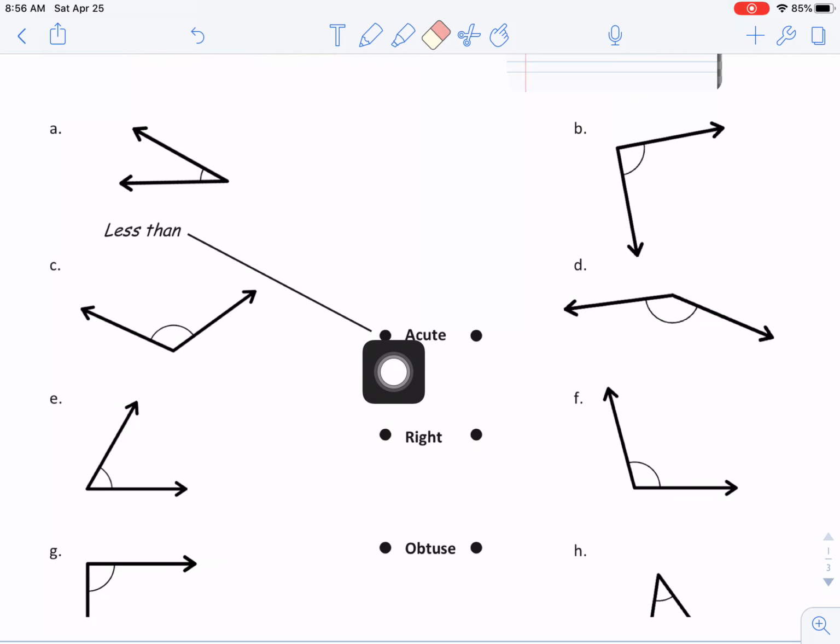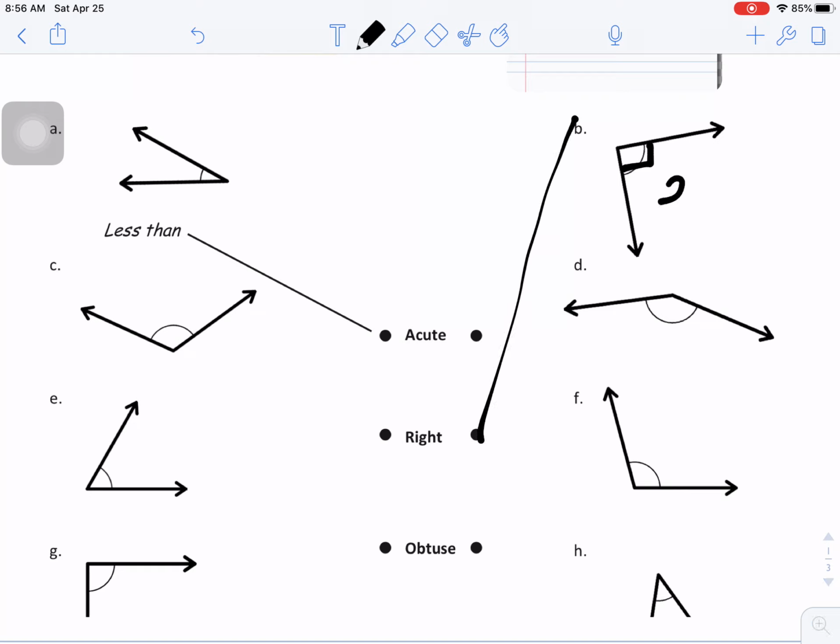So you could see this first one here is done for you. They have drawn a line from acute, and since an acute angle is less than a right angle, they wrote less than. You will do the same thing. Like on B, it is here, and if I make my box, it makes a perfect square or rectangle, and so I'm going to draw a right angle, and it is equal. I'm going to look at the next one, and if I make my perfect box, it doesn't.